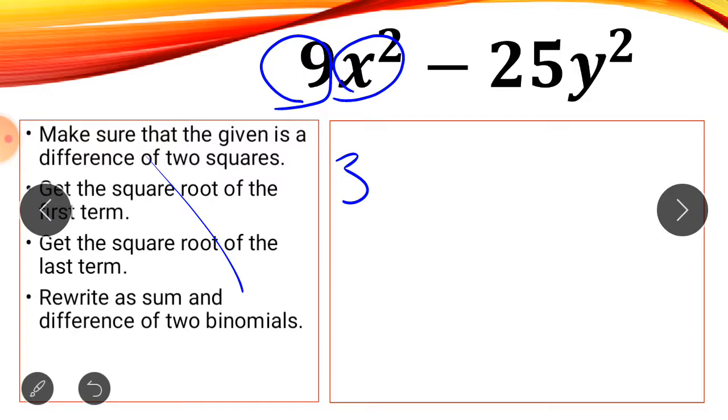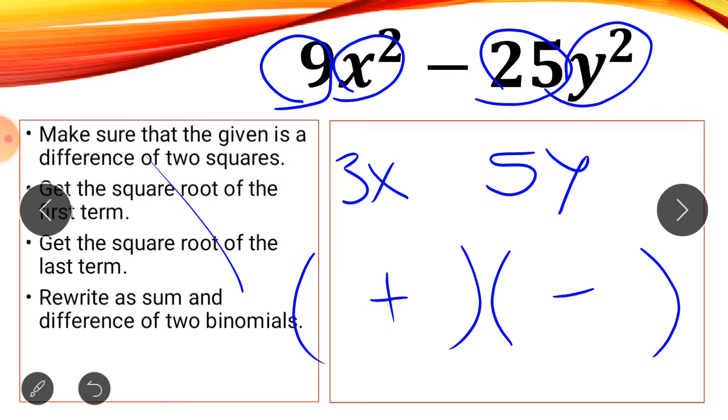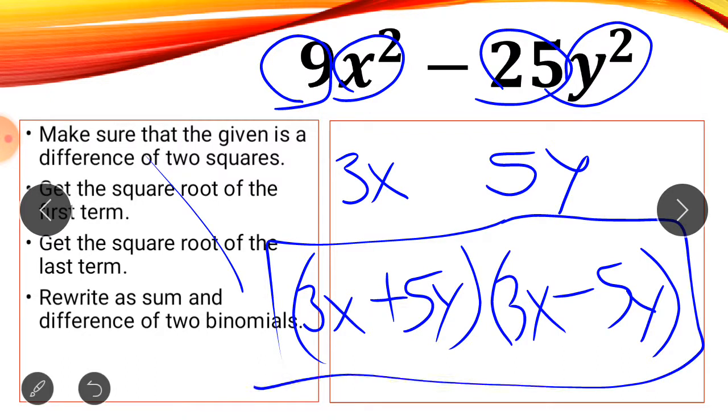Square root of x squared, x. Square root of 25, 5. Square root of y squared, y. Okay, then we write as sum and difference of two binomials. So we have 3x plus 5y, 3x minus 5y. So this is the answer.